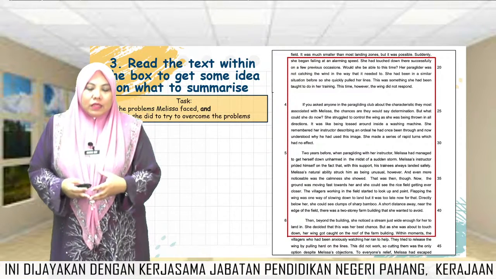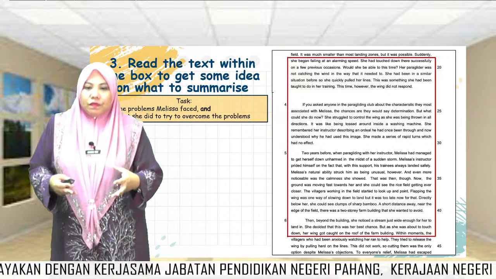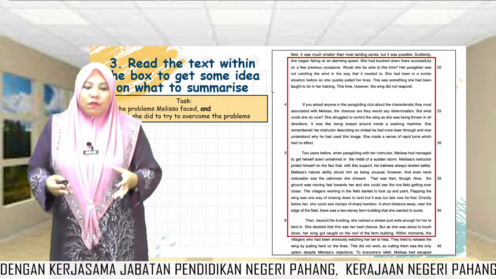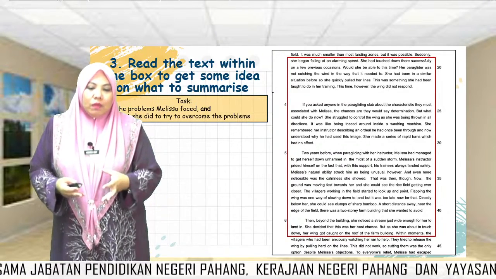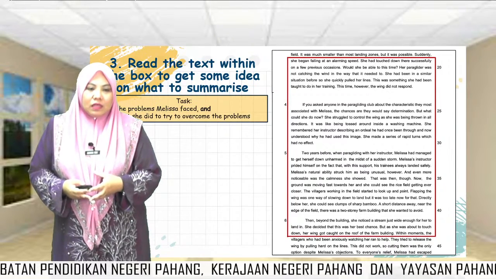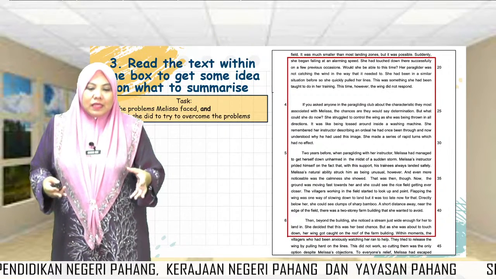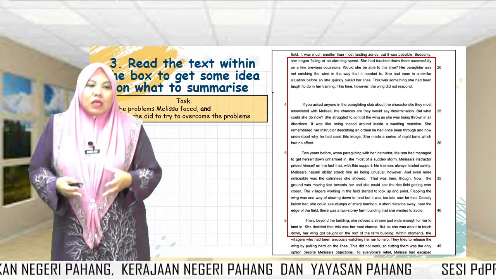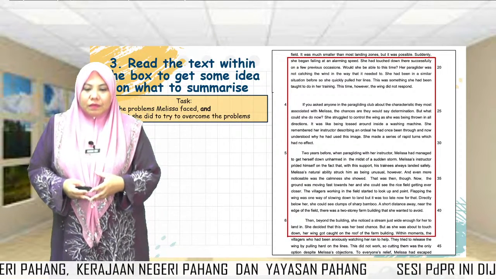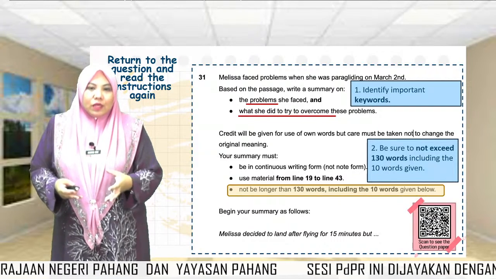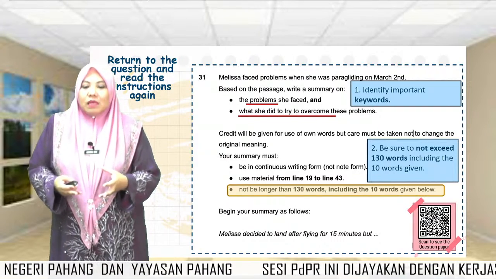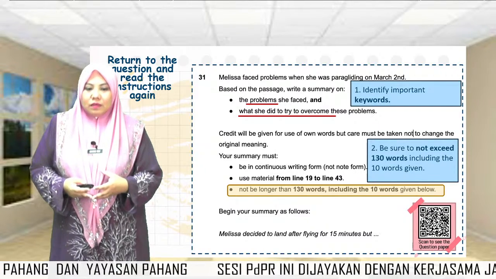Melissa decided to land after flying for 15 minutes. Once you have finished reading the instructions, identify important keywords to help you focus in the answering task. Be sure to not exceed the 130 word limit, including the 10 words that are given. Third, read the text within the box to get some ideas on what to summarize.